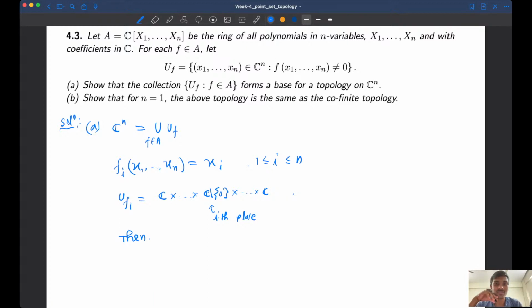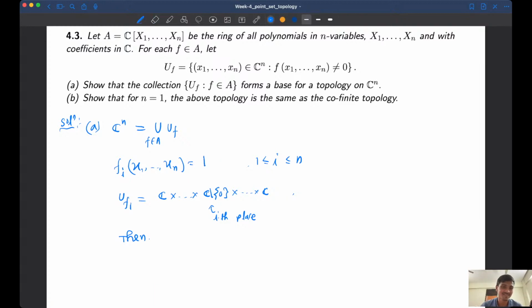Yeah, so in particular we don't even need this xi. If I consider the 0 polynomial, then okay, so I don't actually need this. Actually I can define a constant polynomial, right? Then the inverse image is, yeah, so I don't need this, just take f(x1, x2, ..., xn) to be a constant.